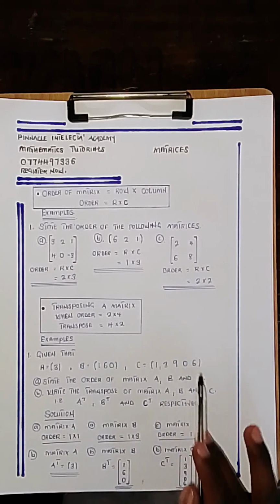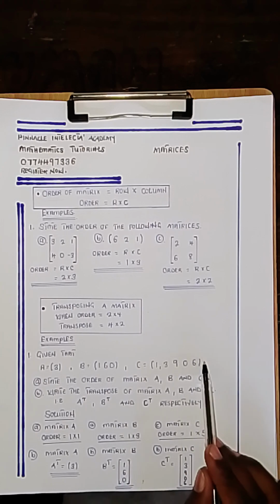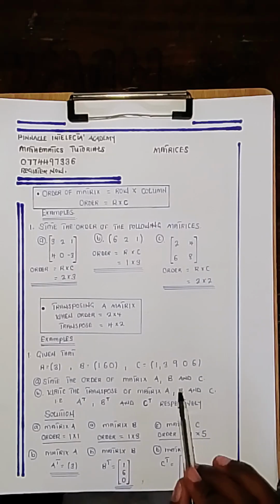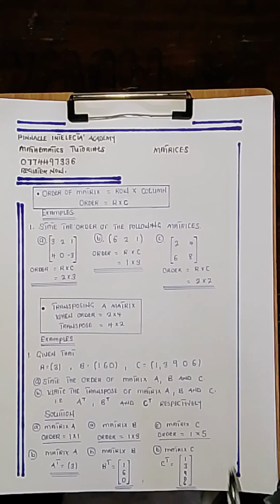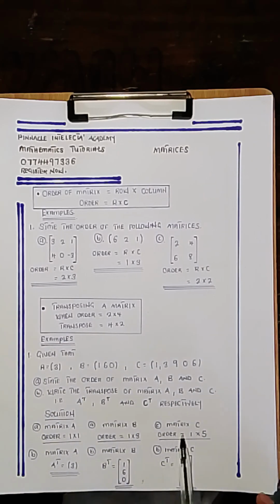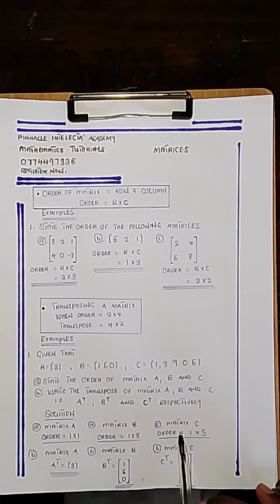What is its order? We have 1 row, and how many columns? 1, 2, 3, 4, 5. So the order is 1 by 5. This is the order of matrix A, matrix B, and matrix C.